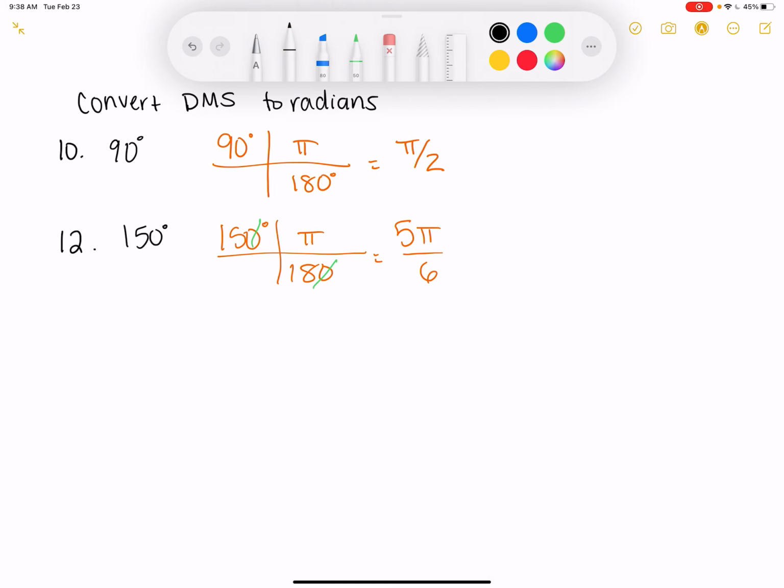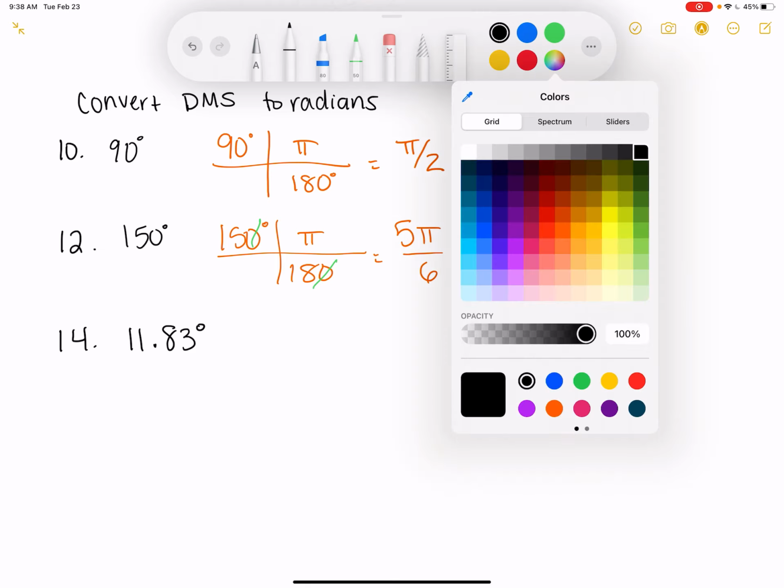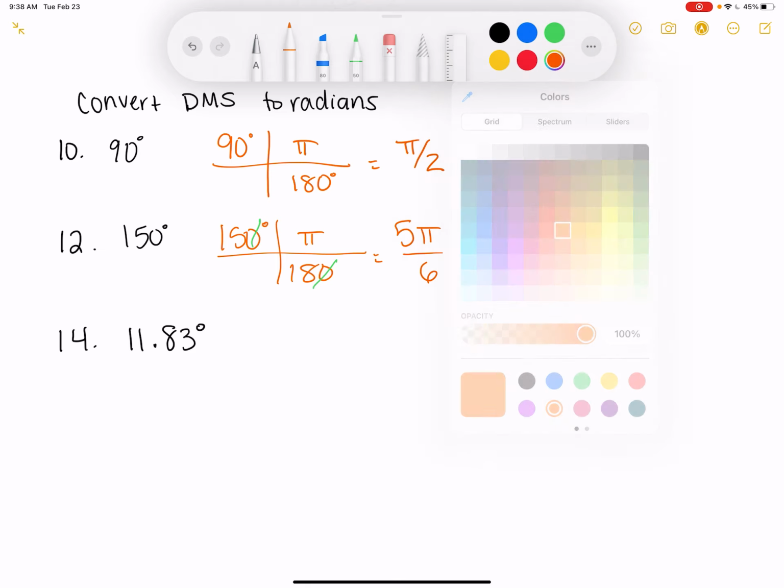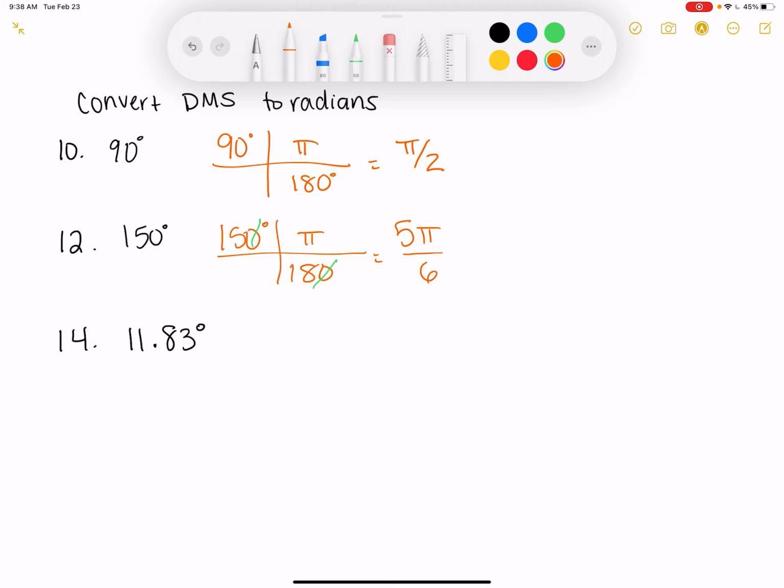All right, 11.83 degrees. Would it just be the same thing? Yep, 11.83 times pi over 180.